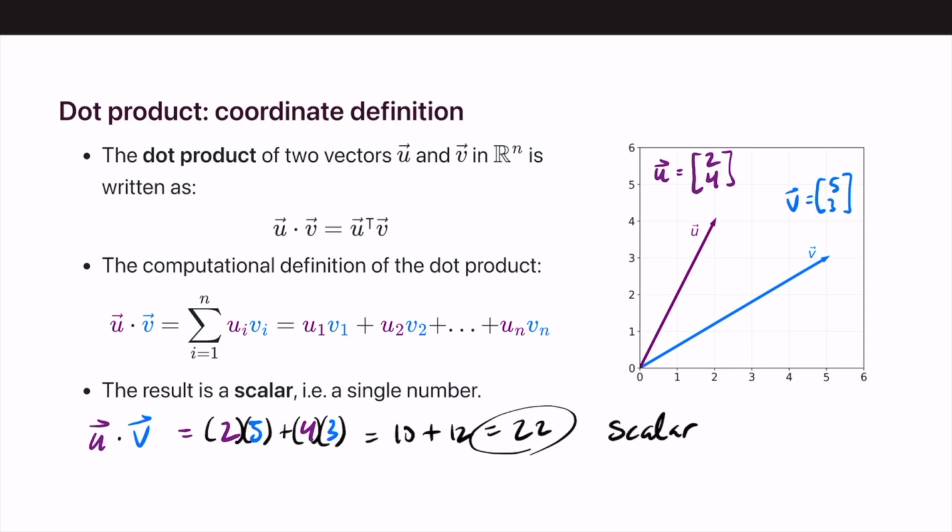Now, if you want to write that in the transpose format, which is a common way to think about this, this would be vector u transposed times v. We don't need the dot anymore. This is going to equal our transposed vector of 2, 4, which we just rotate, times 5, 3. And that is, again, going to equal 22.